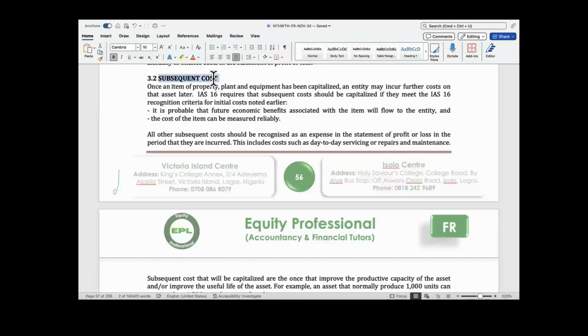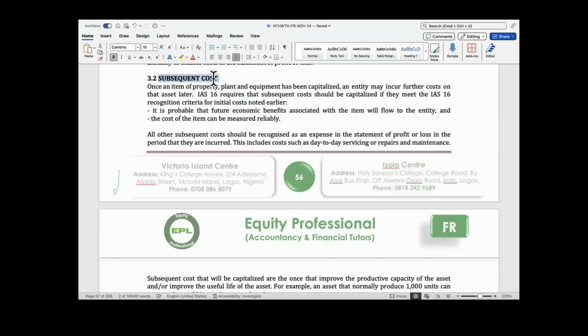The key question we need to answer here is: these costs you start incurring after initial measurement, or during the year, or after the asset is ready for use. Should you capitalize this cost or should you expense it?